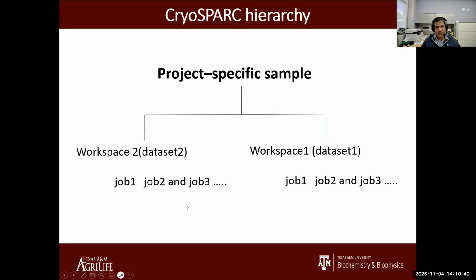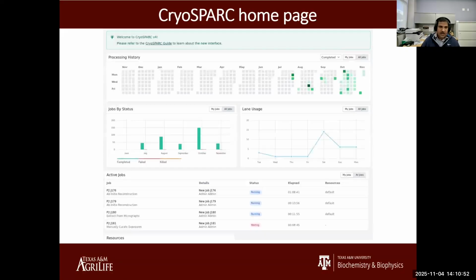You create another workspace in the same project, and that keeps your jobs separated from each other. So it will be easy to manage the data and to access it later on, when you need it, even after years.